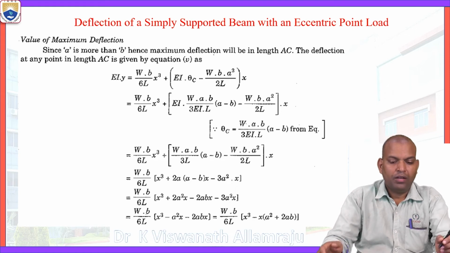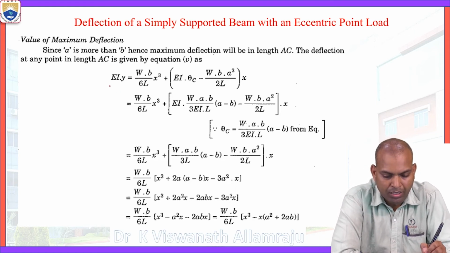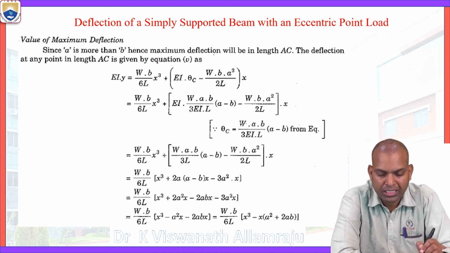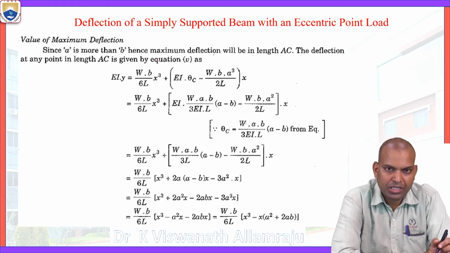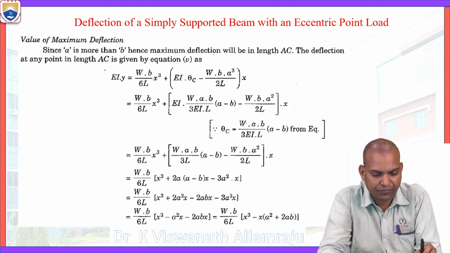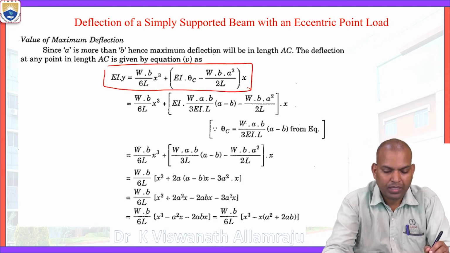Now, the value of maximum deflection we want. Now substitute A and B. Since A is more than B, the maximum deflection will be in the portion AC. So the deflection at any point in the length AC is given by equation 5. That equation 5 is here, this is the deflection equation.